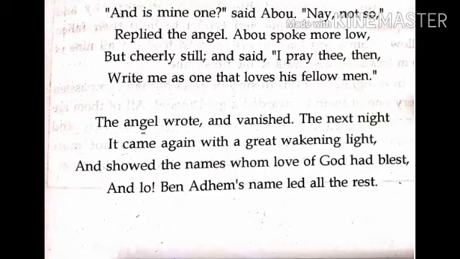Also, awakening light symbolizes a state in which you achieve awareness of God. It can be used as symbolism: awakening light symbolizes a state where you achieve the awareness of God. That is one of the symbols used in this poem. Clear?